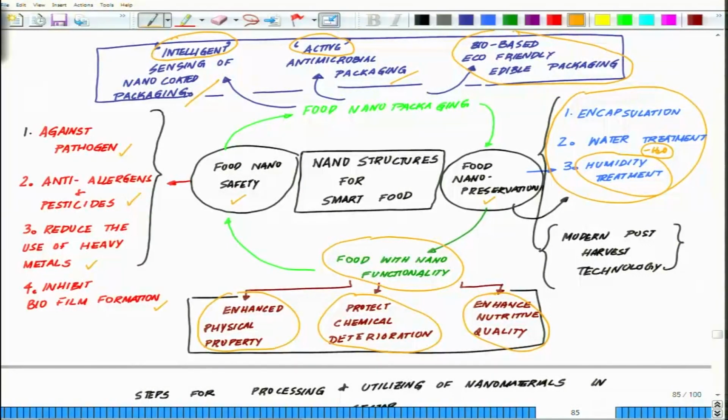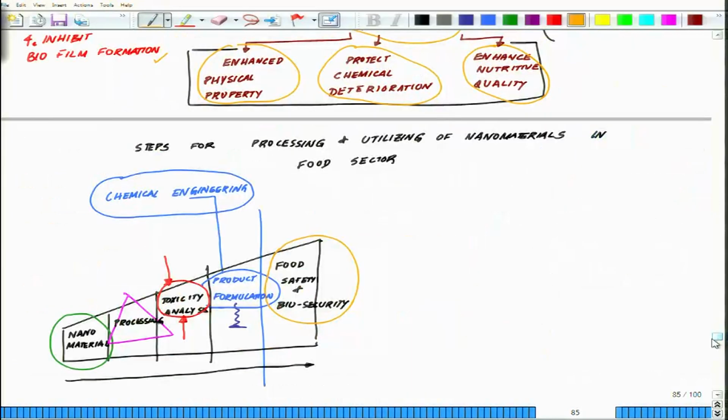Okay. So, these are the areas we have already talked. And now we are developing what are the steps for processing and utilization of nanomaterial in the food sector. So, we talked about the selection of the nanomaterial, the processing, toxicity analysis, product formulation, and food and safety and biosecurity.